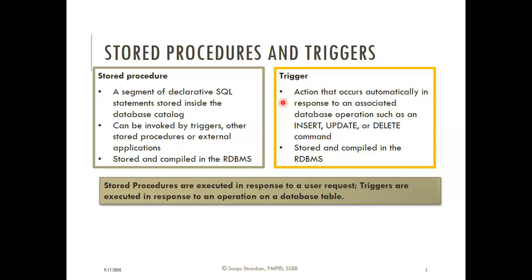So a trigger is specific to an insert, update, or delete operation that is performed on a table, whereas a stored procedure is a global operation that can be performed on the database itself. So stored procedures, to summarize, are executed in response to a user request, and triggers are executed in response to an operation on a table.